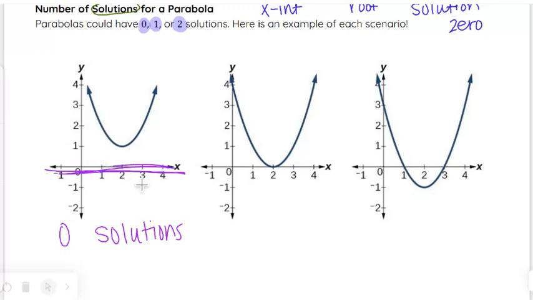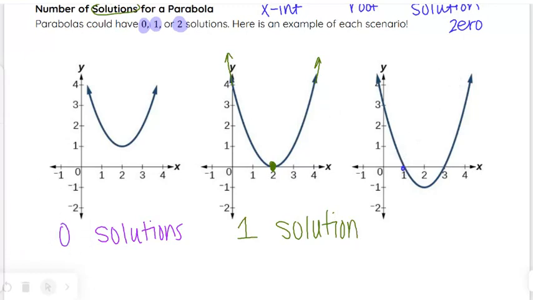If it were to continue where the arrows are pointing, it still will never come down here to hit the x-axis. The second example has the vertex here on the x-axis, but it will never come back and hit that again because it will continue to go up here and here. So that is just one solution, or in other words, one x-intercept.